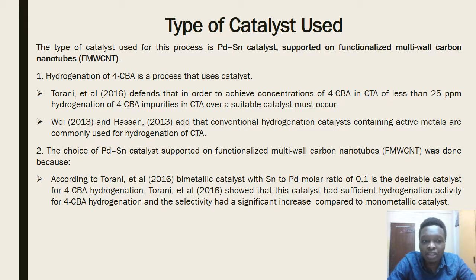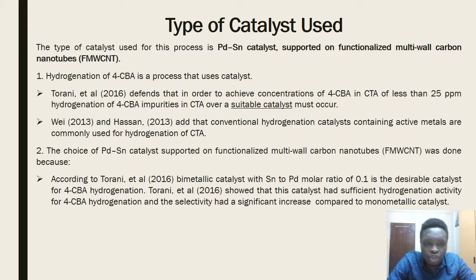On top of that, Wei 2013 and Hassan 2013 add that conventional hydrogenation catalysts containing active metals are commonly used for hydrogenation of 4-CBA. So these two statements show that hydrogenation of 4-CBA is a process that involves the use of catalyst.